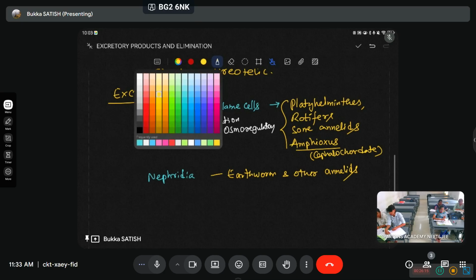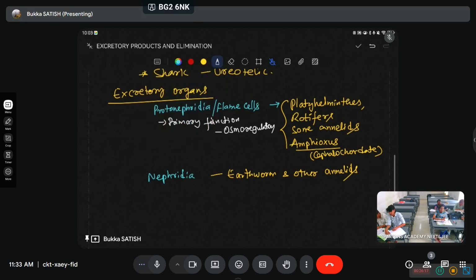Next, a very, very important one, Malpighian tubules. This you can see in Arthropoda, particularly insects.